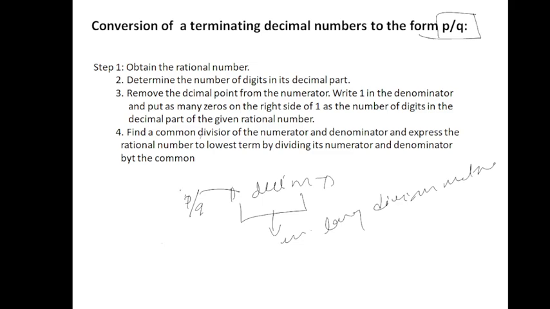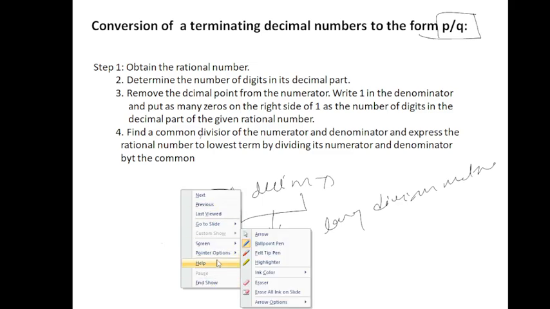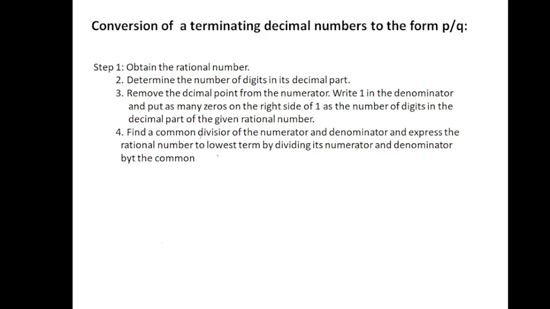So what are the steps we should follow? First, obtain the rational number and determine the number of digits in its decimal part, something like 0.25.